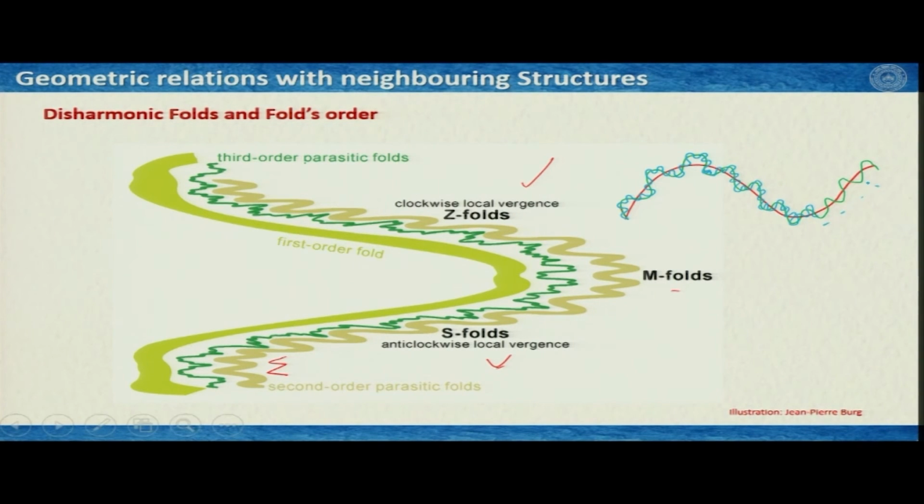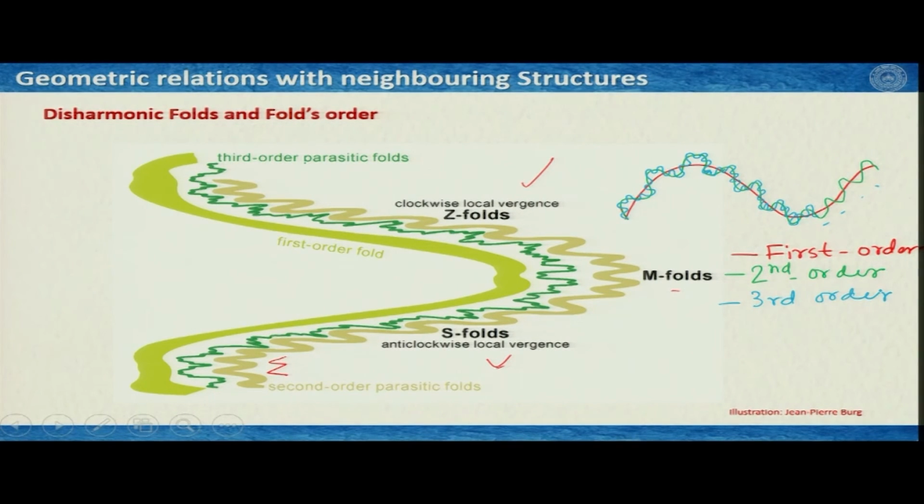and so on. So, the red one we call the first order fold. The green one is the second order, I write it this way for better space, and the blue one is the third order fold.